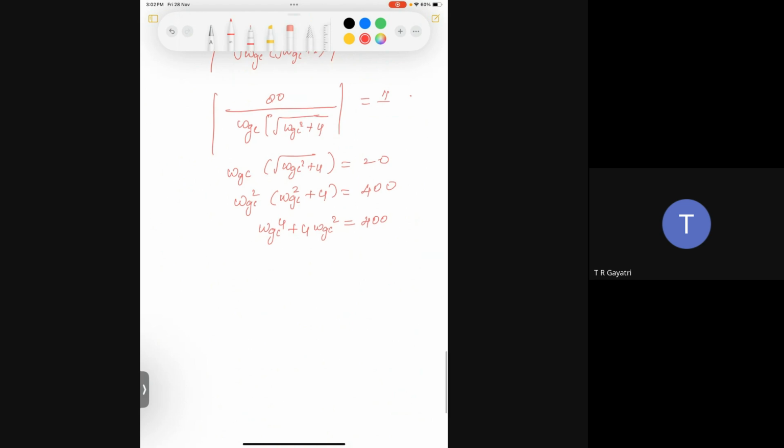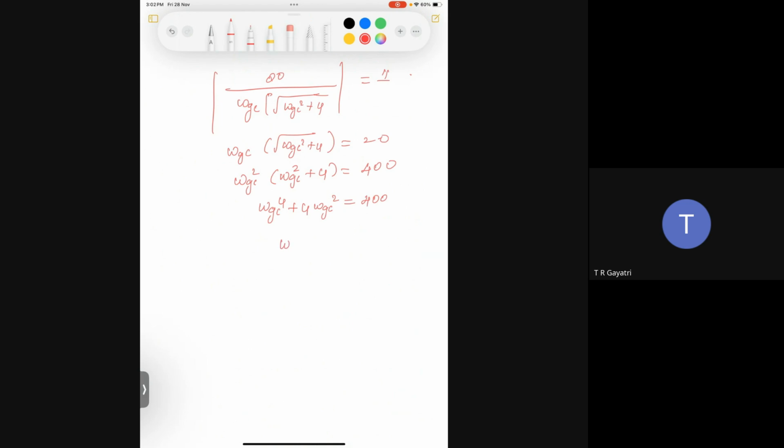We put omega gc square equal to x, then x into x plus 4 equal to 400. So x square plus 4x minus 400 equal to 0.